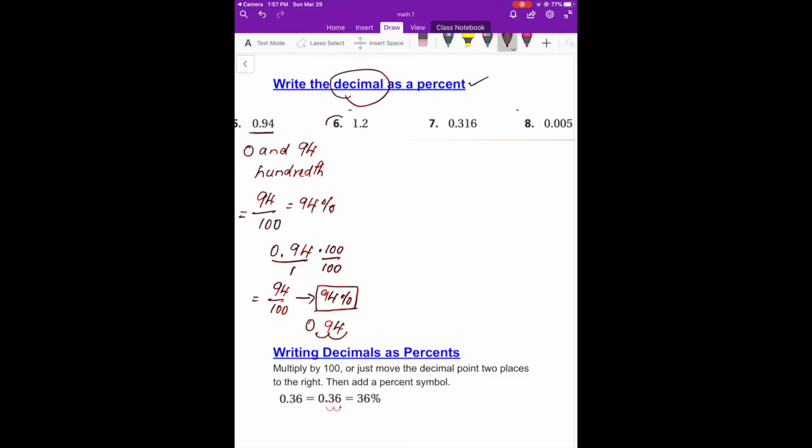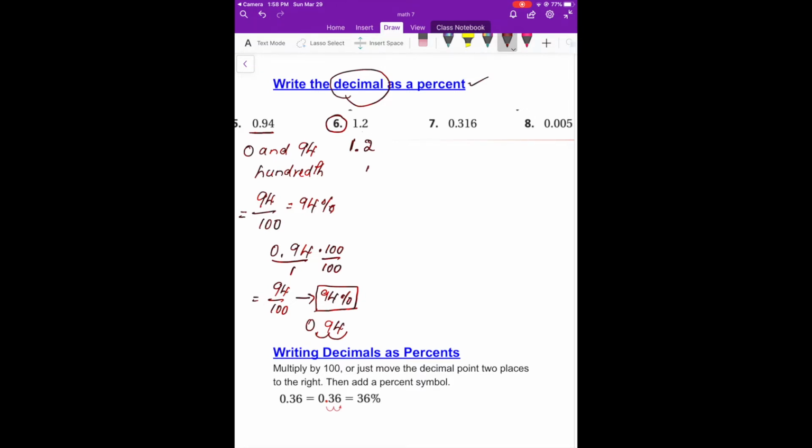So the next one, number 6, you can see the number itself is more than 100% or whole 1, right? It's more than 1. It's 1 and 2/10. So that will be more than 100%.